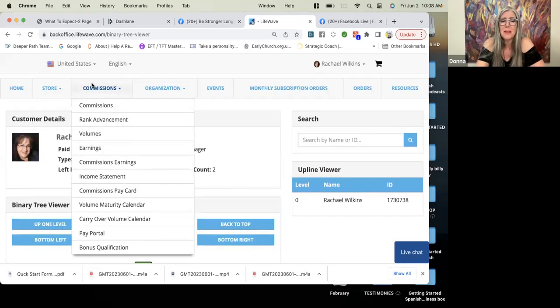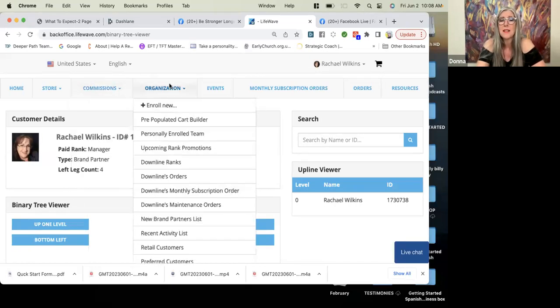Here's the commission button, which is basically everything that has to do with volume, points, money, including your pay portal that has to be set up in order for you to receive your funds.